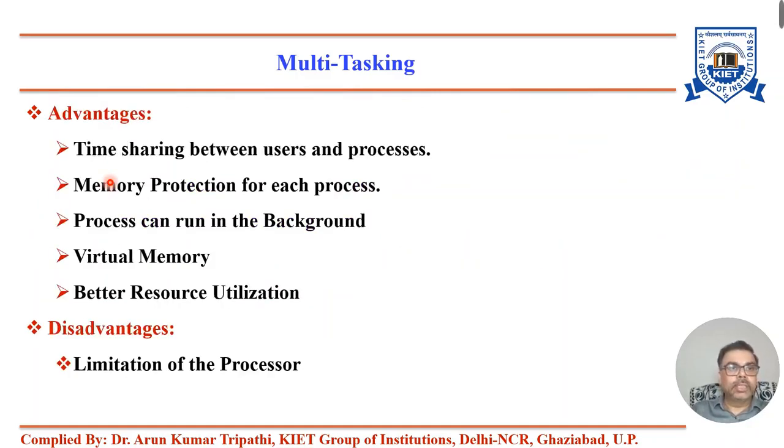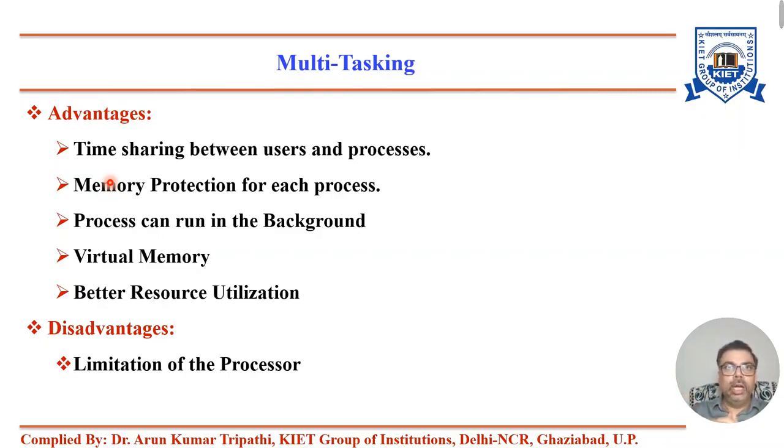Advantages of the multitasking system: time sharing between the different users or processes. Memory protection for each process, means a process cannot overlap another process's area. Each process has a predefined area in memory that it can reside in. The process can be run in the background.